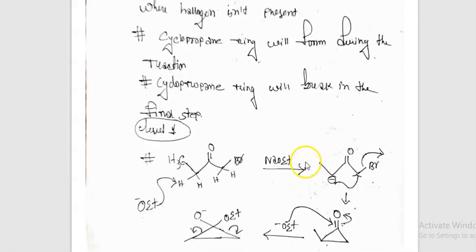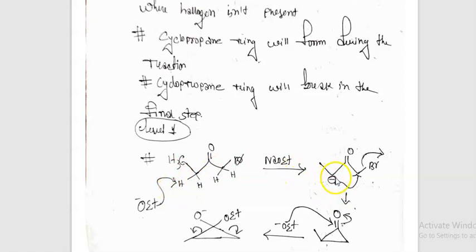Okay, so let us see. So we can consider this compound where the base present is NaOEt, that is sodium ethoxide. So the ethoxide ion can extract a hydrogen here to form a negative charge.